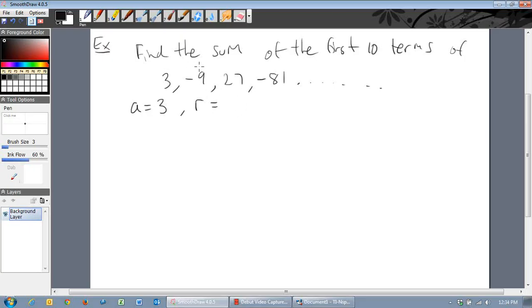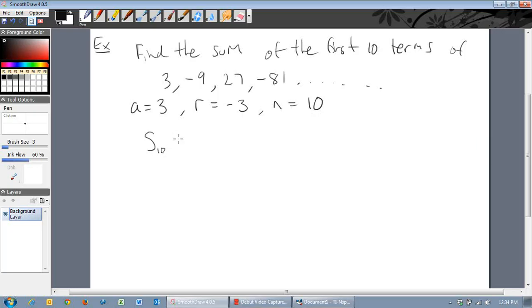3 times what is negative 9? You're multiplying by negative 3, multiplying by negative 3, multiplying by negative 3. So our ratio is negative 3. And in this case, we've got 10 terms, so n is going to be equal to 10.